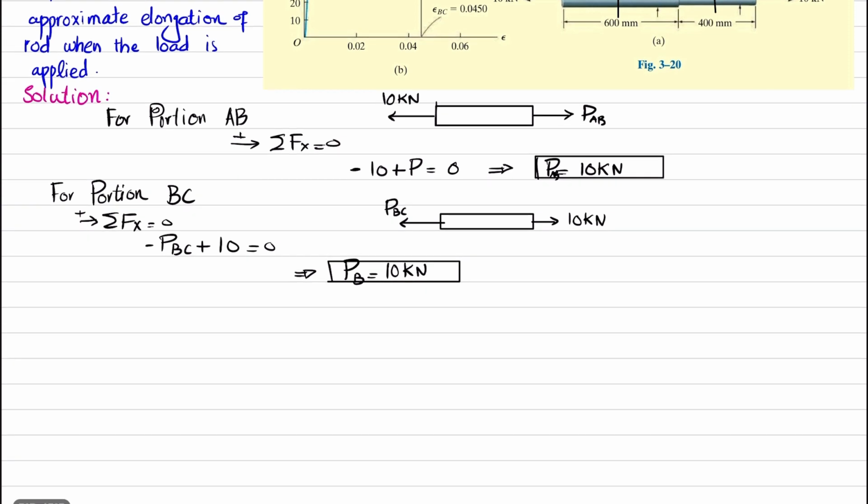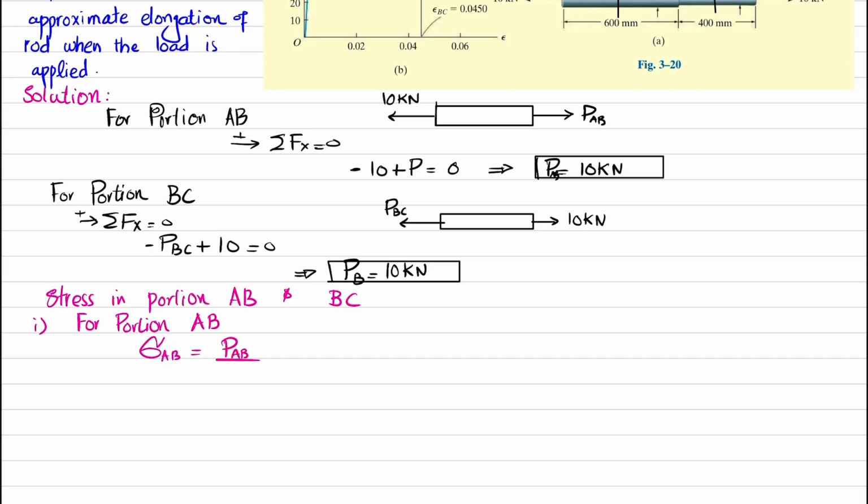So now we will find the stresses in portions AB and BC. First we will find it for portion AB. We can say that stress in AB will be equal to PAB divided by area of AB.